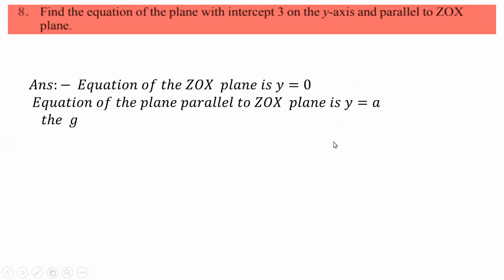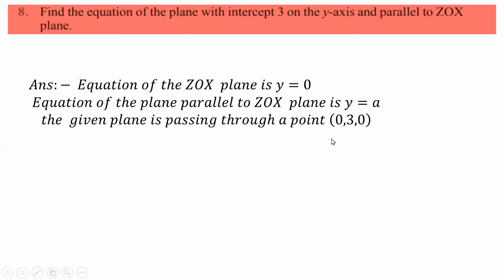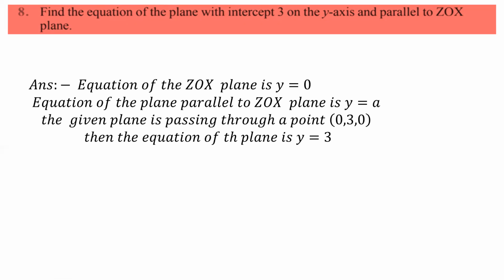Since the plane is passing through the point (0, 3, 0), it will satisfy the equation, and we can find the value of the constant as 3. That is, the equation of the plane is y equals 3. This is the equation of the plane.